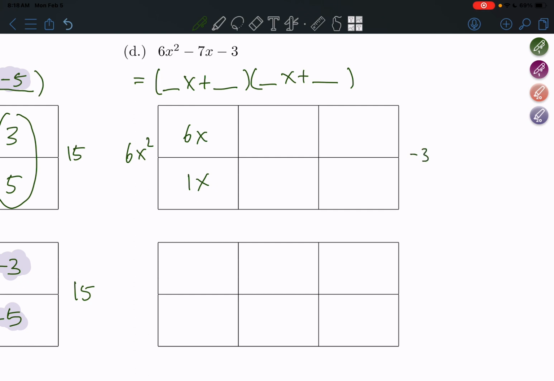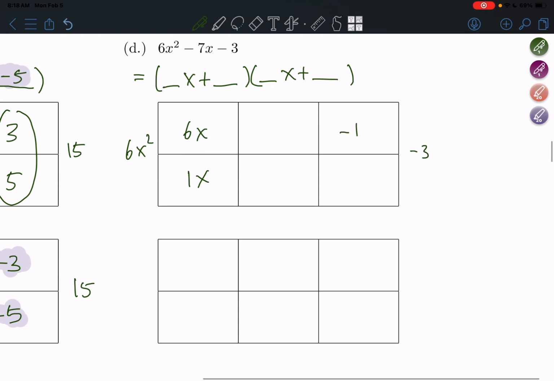The issue here, well, actually, instead of saying issue, this might be a good thing here. Negative 3 doesn't have that many factors. So negative 1 and 3, for example, is a factor. And then positive 1, negative 3 is a factor, but that's it. So this is pretty easy to do.